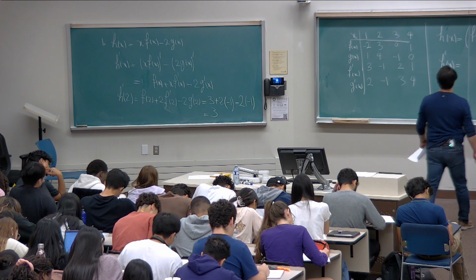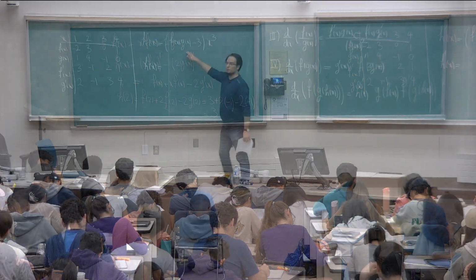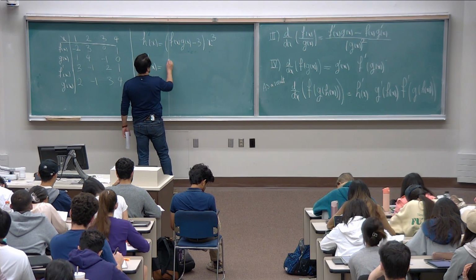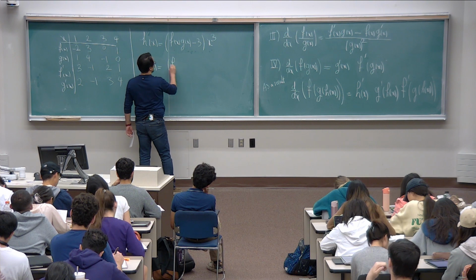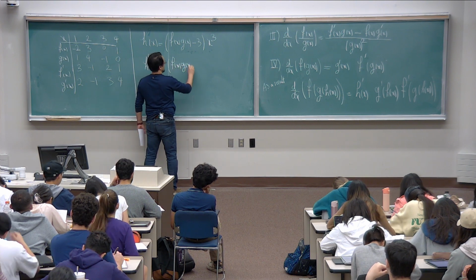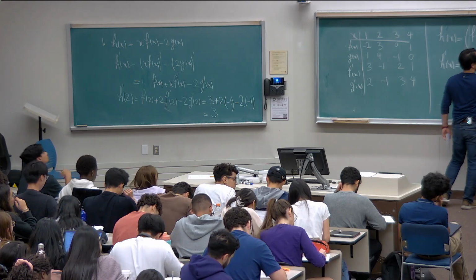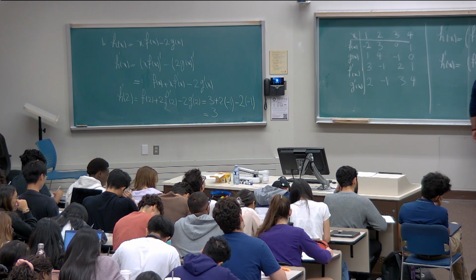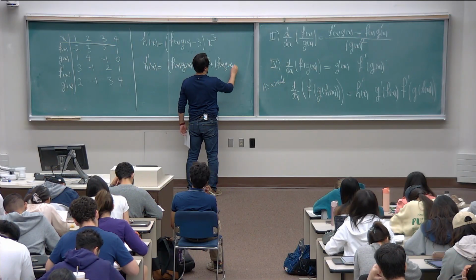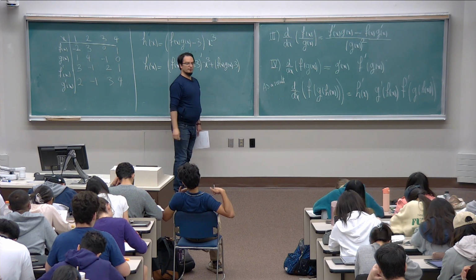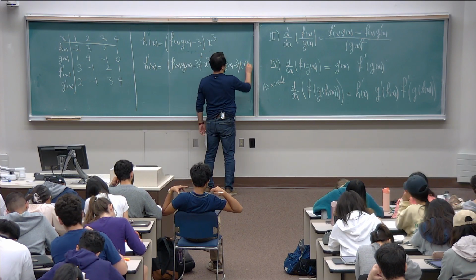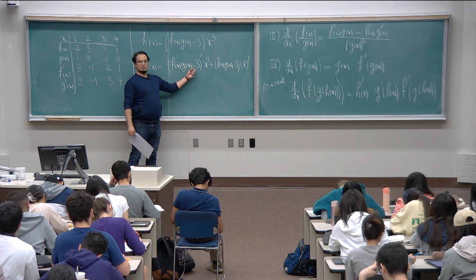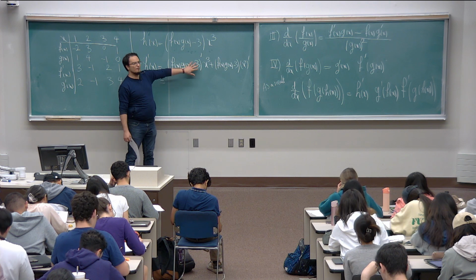Yeah. So this is a product of two functions. So it goes like the derivative of the first one times the second one plus the first one itself times the derivative of the second one. And here, now, I have a difference of two functions, but the second function is constant.